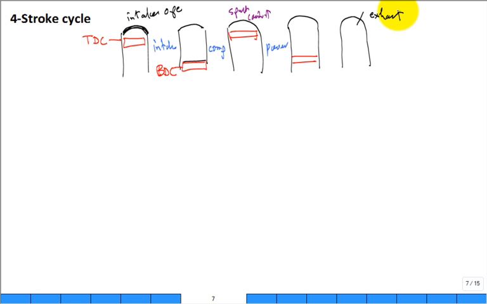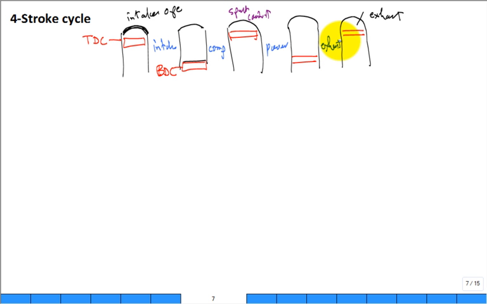It'll have a very rapid reduction in pressure, but the combustion chamber and the whole displacement volume will still be filled with products of combustion. You want to get as much out of there as possible, so the piston will move to top dead center, and as it's doing it, it'll exhaust, pushing out products of combustion. So this is the last stroke.